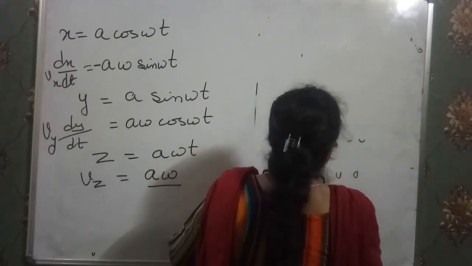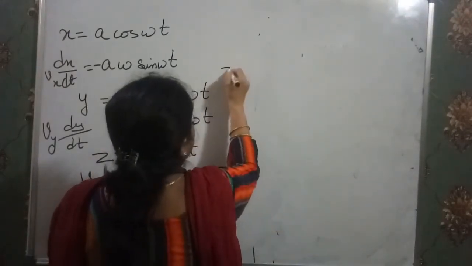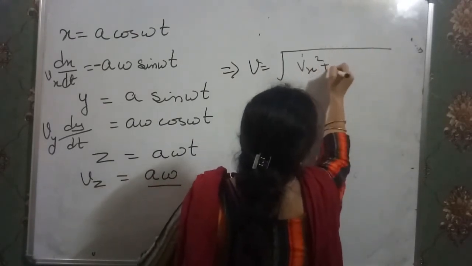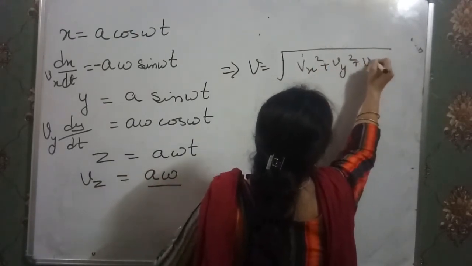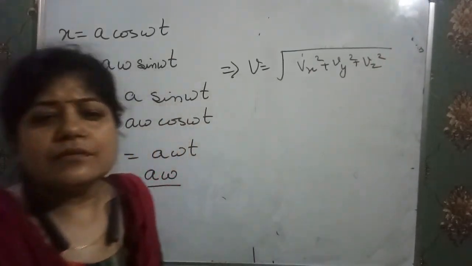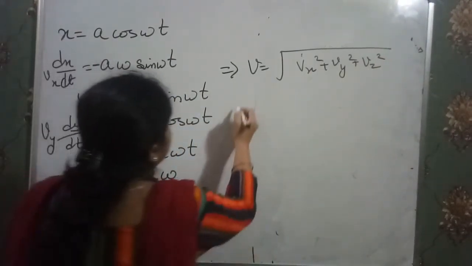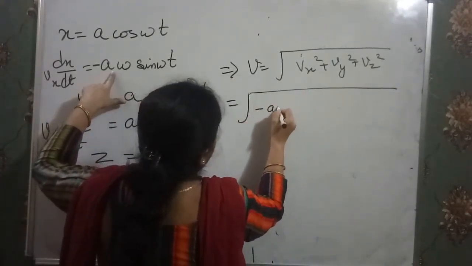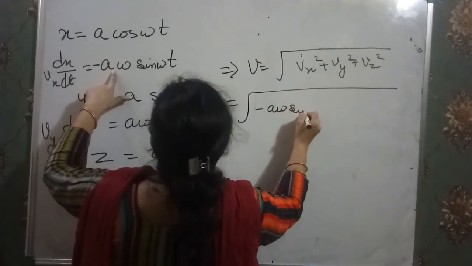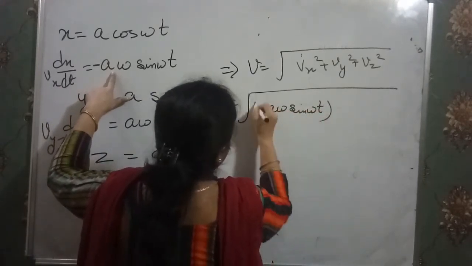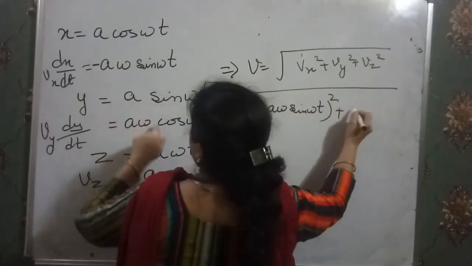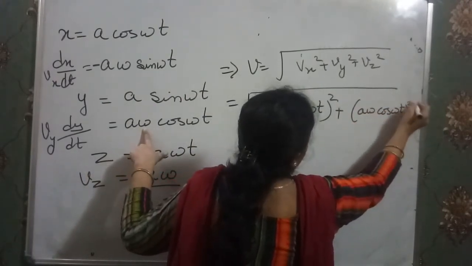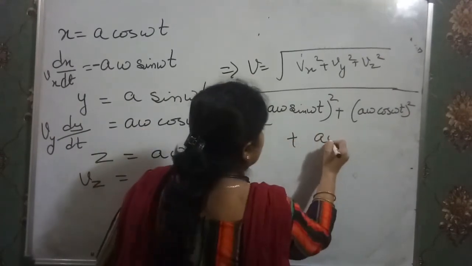So the net velocity, simply, by simple mathematics, is the square root of vx square plus vy square plus vz square. So we just take the square of everything. So we have minus a omega sine omega t whole square plus a omega cos omega t whole square plus a omega square.